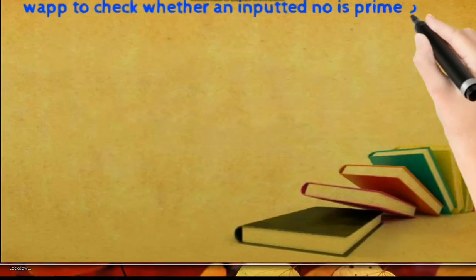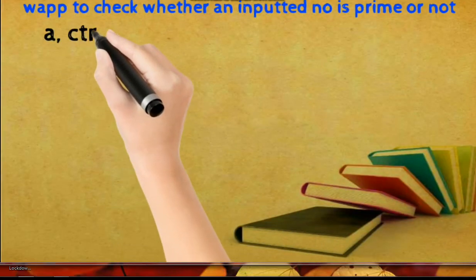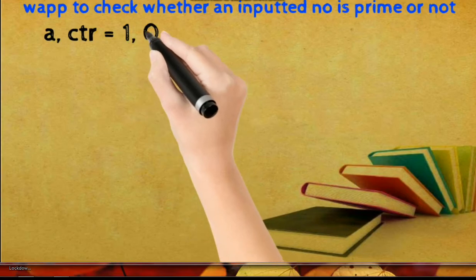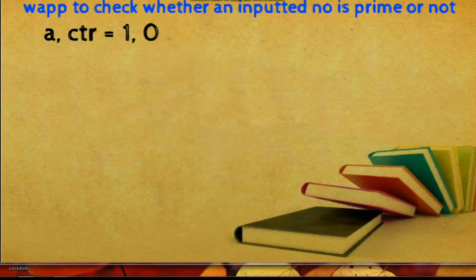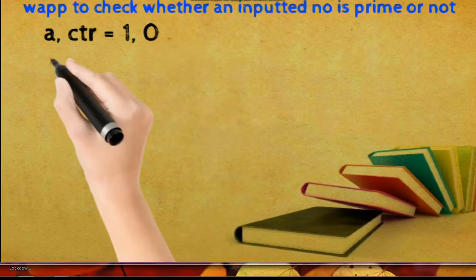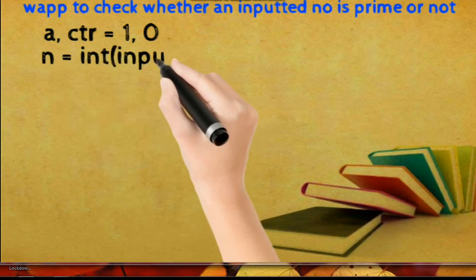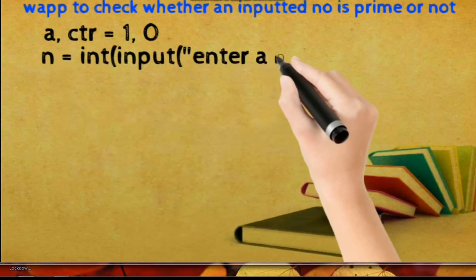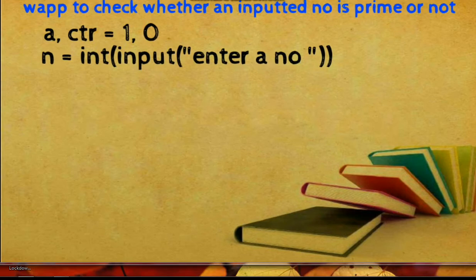Next question, to check whether an inputted number is prime or not. For that two variables have been taken, a equal to 1 and ctr equal to 0, that is a counter variable. As we know, the number should be divisible twice only, then it will become a prime number.